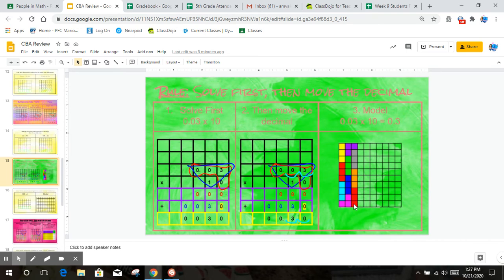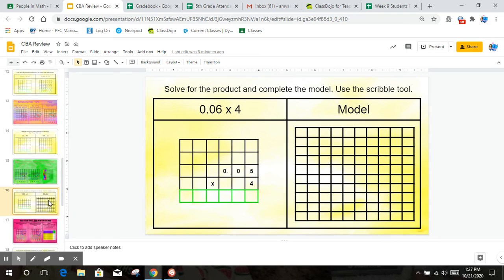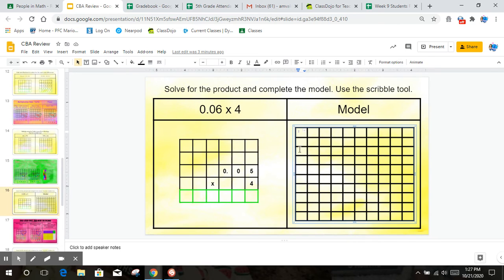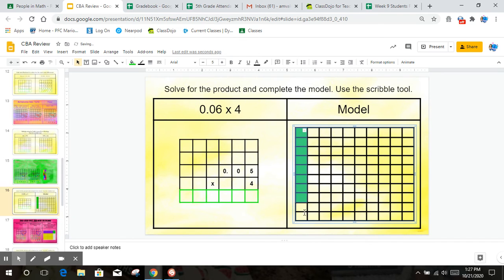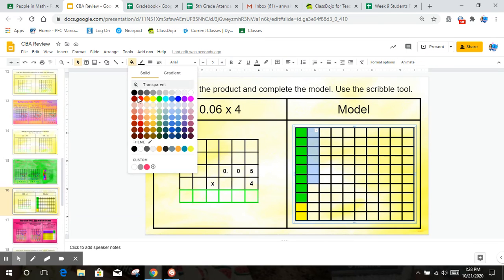Another mistake that I'm seeing is that some of you guys are separating your color. So let's say, for example, and I'm just making this up right now, I did 8 hundredths first, and then some of you guys want to do this. You want to do 2, and then you want to do 6 more up here. Yeah, 6 more. 1, 2, 3, 4, 5, 6 more up here.